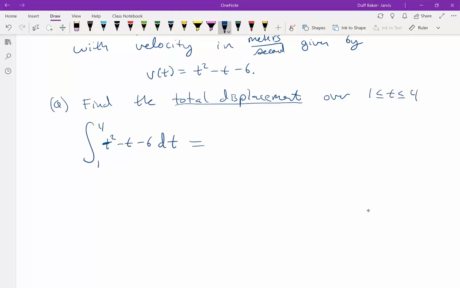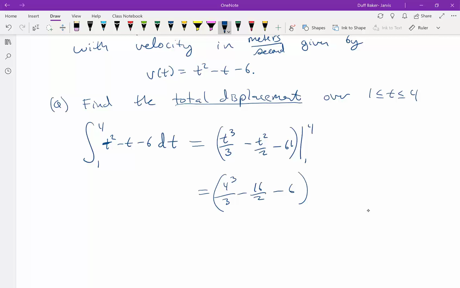So that means you take an antiderivative, and then you evaluate at your bounds. And what do you get? You get 4 cubed over 3 minus 16 over 2 minus 6. That would come from plugging in 4.